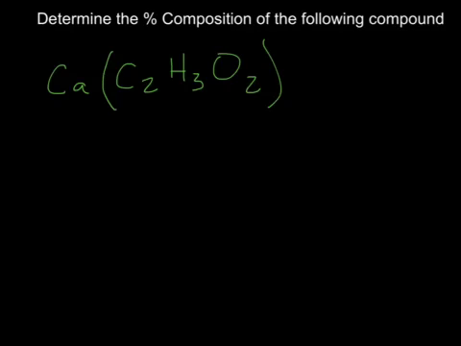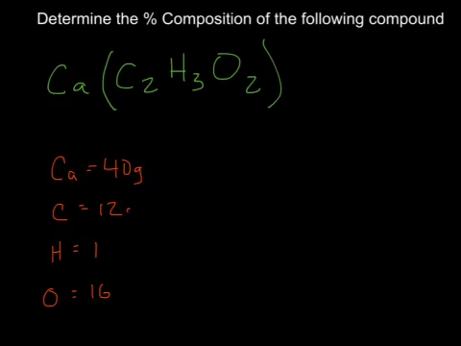Let's do another percent composition problem. We have calcium, we have carbon, we have hydrogen, we have oxygen. Calcium has a mass of 40 grams, carbon is 12, hydrogen is 1, oxygen is 16.